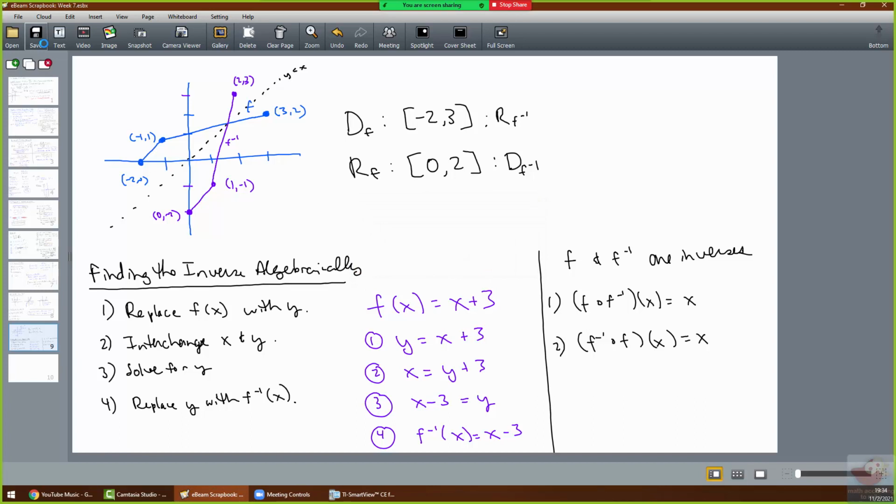In other words, this says that if you put one function inside of the other and simplify, you have to get x. And that has to go in both directions. If you don't get x, then they're not inverses of one another. But in your homework, please be careful. If it says show that, in mathematics that means it's already true, demonstrate it for yourself. So you should be getting x as your final result here.